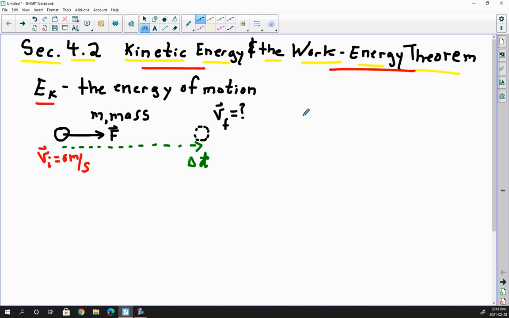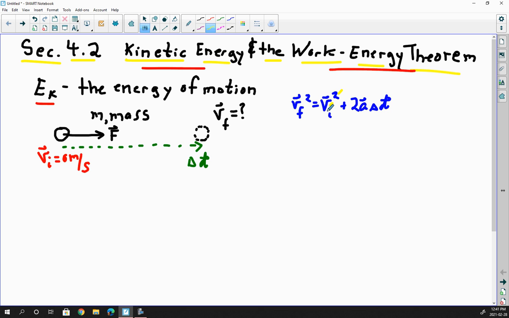If you remember back to grade 11, we could investigate what that final velocity is. We could try to calculate it by using this equation right here, which is a rearrangement of one of our 5 equations of motion. I put it in this format because it's very convenient.